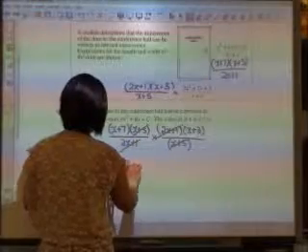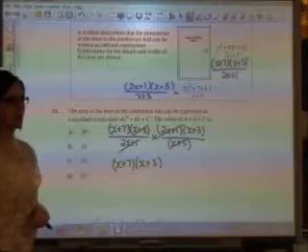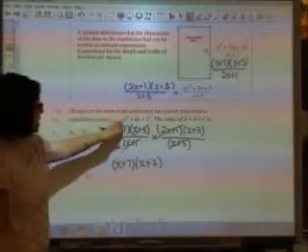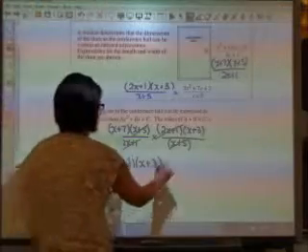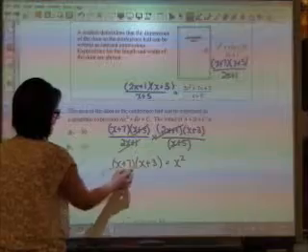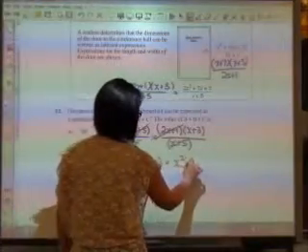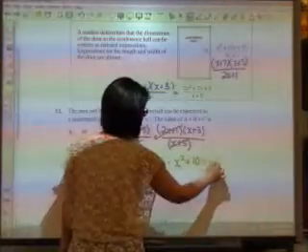And then I have x plus 7 times x plus 3. So I want to expand this to create the quadratic. So I would get x squared, a 3x and a 7x would give me a 10x. And 7 times 3 would give me 21.